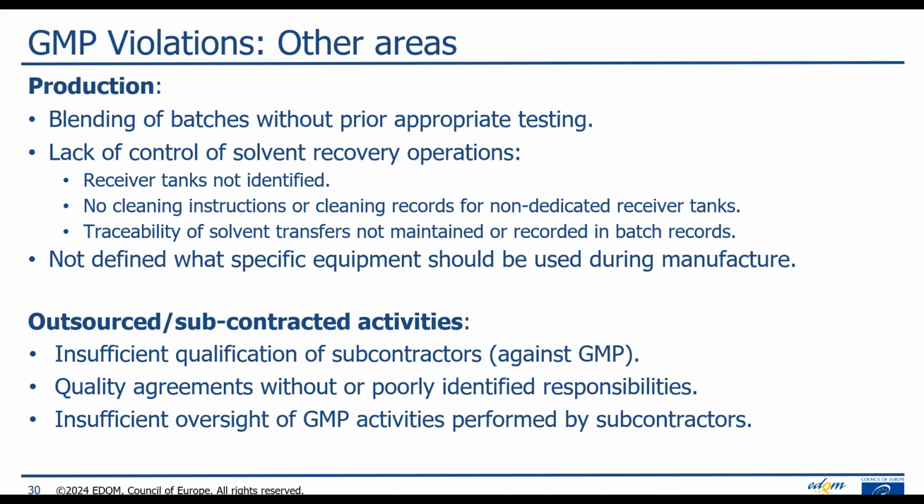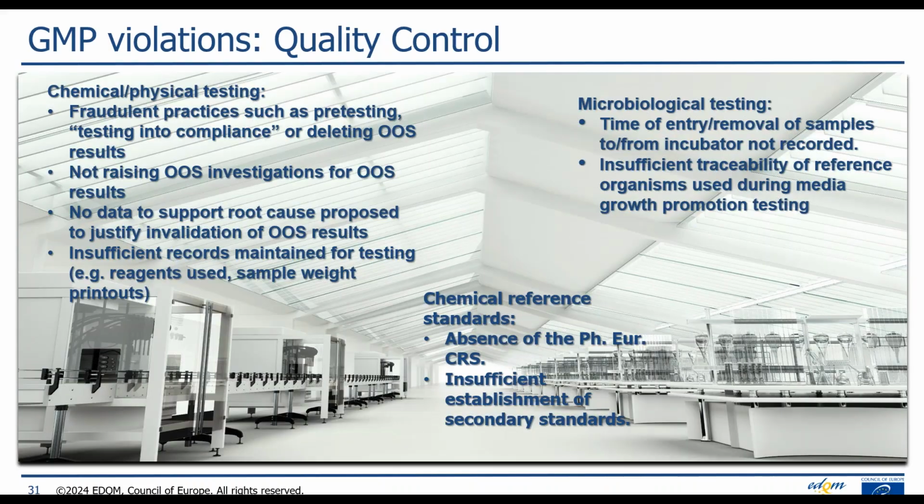Firms give away responsibilities and oversight. So that's why there is a separate chapter on outsourced activities also in the Q7, and it is extremely important that the firms follow the requirements to ensure that the service or the product which comes back does not lead to any decrease in the quality of the products manufactured.